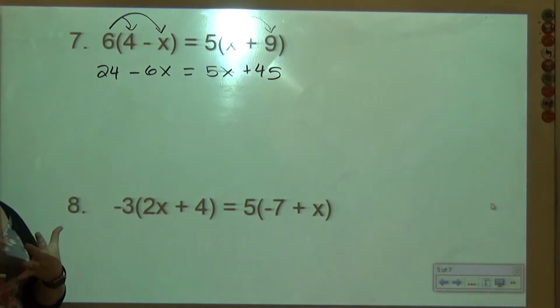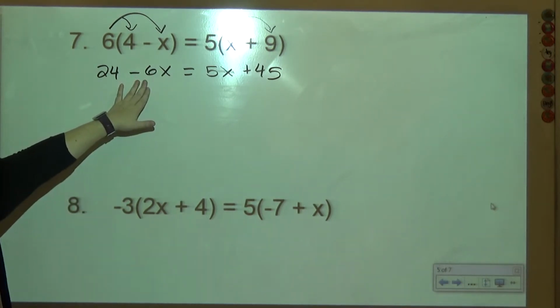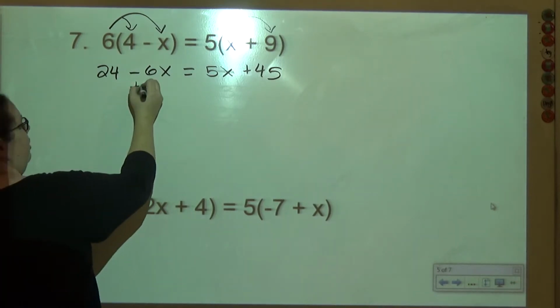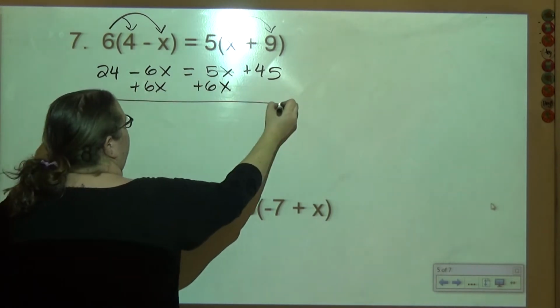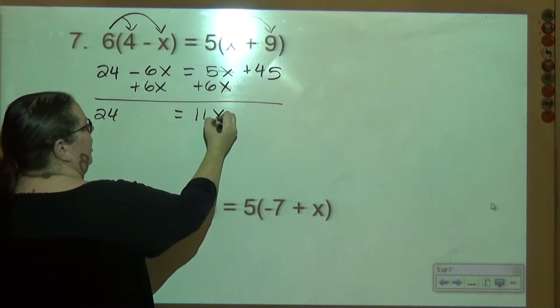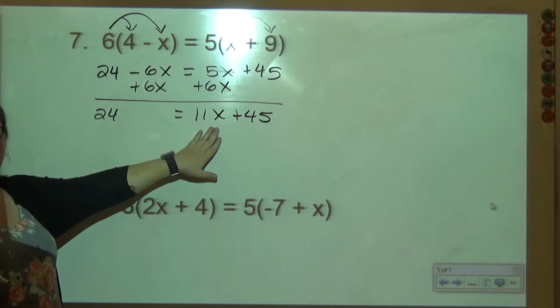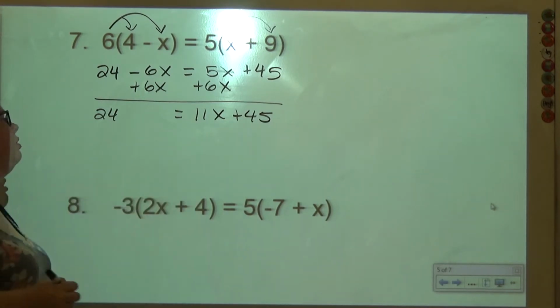Get your x's on the same side, move the smaller one. 6x is smaller because it's negative. Opposite of minus is plus. Plus 6x. 24 equals 11x plus 45. To get x by itself, move this term that stays for a bit, and we gotta move that term.